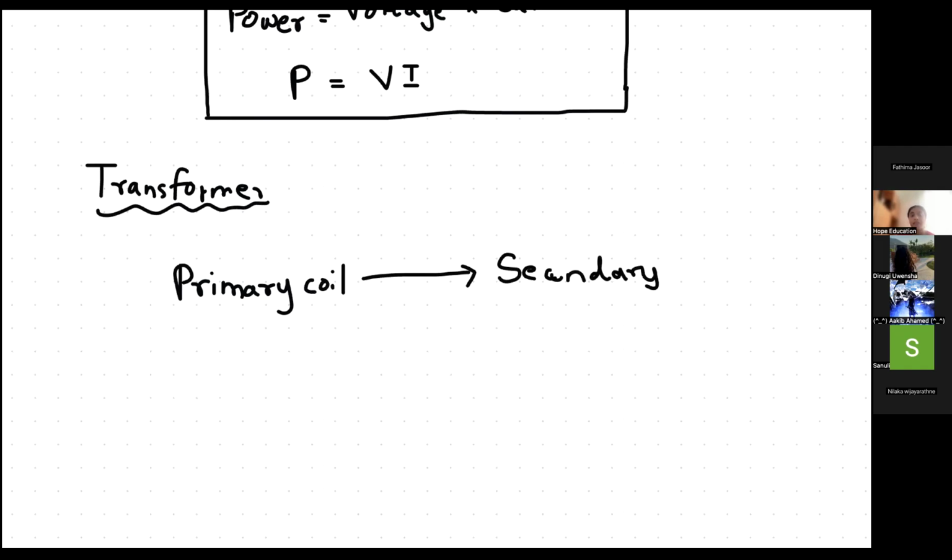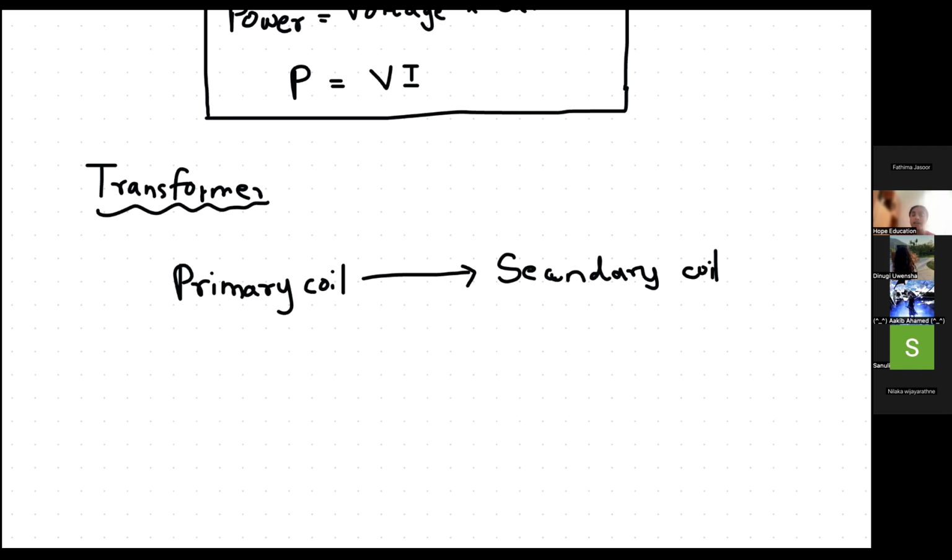In the primary coil there is a current flow. We give it a current. Because of that current, a magnetic field is generated. That magnetic field is transferred or passed to the secondary coil, where the secondary coil is just a coil, just a circuit. But since the magnetic field is changing, that will induce an electromotive force and a current. That is how a transformer works.